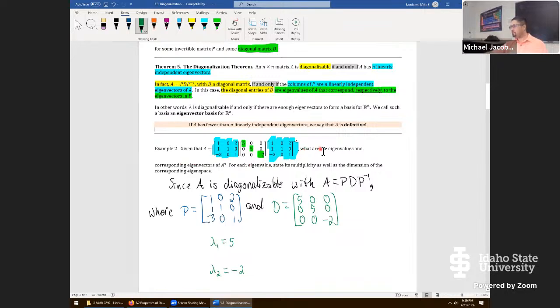So we stated the eigenvalues, but we also want the corresponding eigenvectors. But it also says for each eigenvalue, state its multiplicity. For lambda 1 equals 5, this has multiplicity 2 only because it appeared twice on the main diagonal. So multiplicity 2. This one showed up once, so this one will have algebraic multiplicity 1.